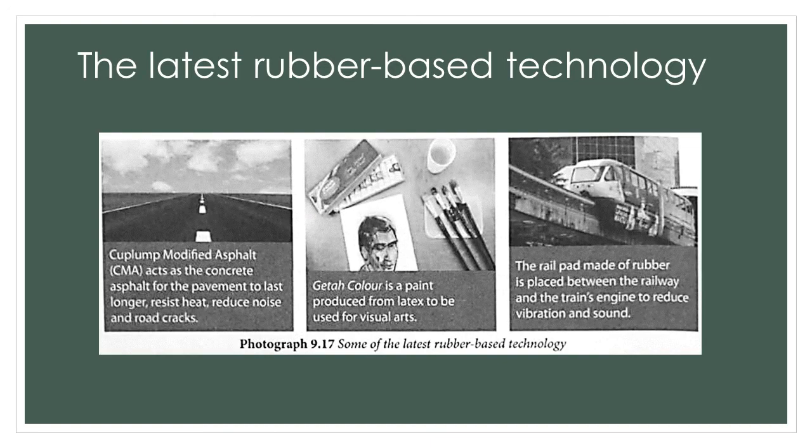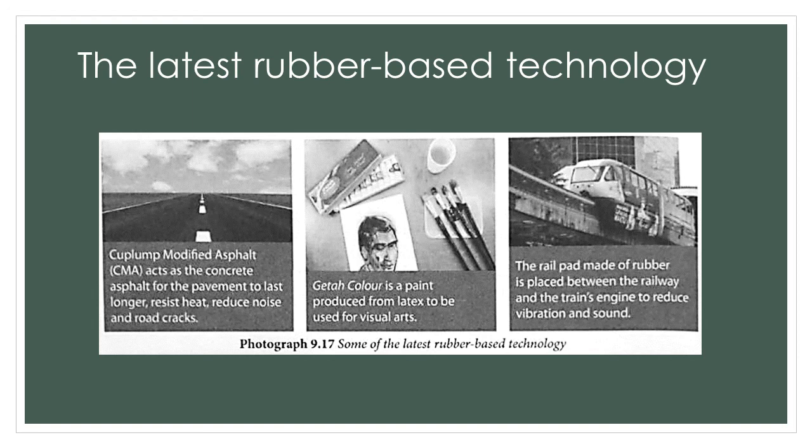Okay. So what is the latest rubber-based technology? So the use of the vulcanized rubber. First, Kaplam modified asphalt, CMA. It helps the concrete asphalt on the pavement to last longer, resist heat, and reduce noise and road cracks.